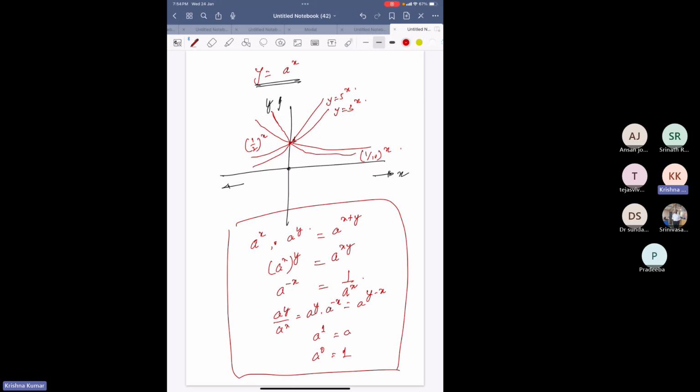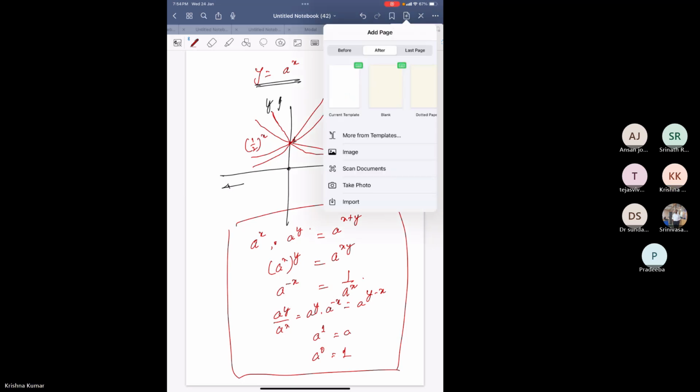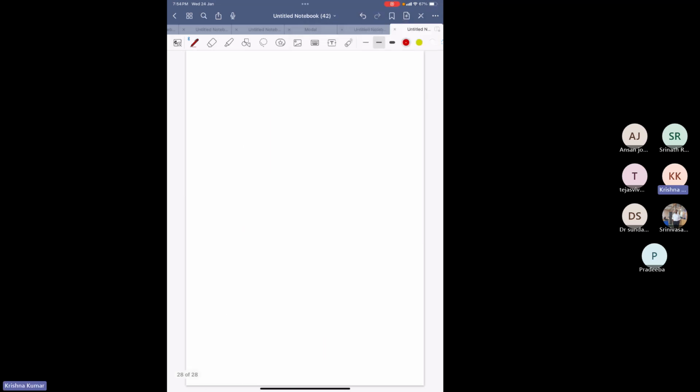There are very interesting numbers in nature. Pi is one of those numbers. Another interesting number is called e, with a value of 2.71828. e is a very interesting number and participates in so many functions.